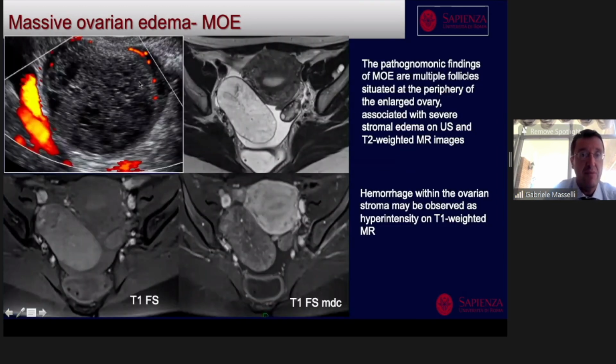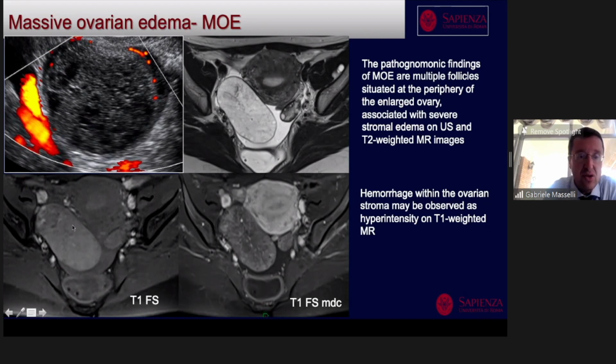This is an example. You see the enlargement of the ovary on ultrasound with vascularization that is absent, or you can see the vascularization only at the periphery of the lesion. The pathognomonic findings at MRI are the presence of multiple follicles situated at the periphery of the large ovary, associated with stromal edema that appears as high intensity on T2 weighted images.